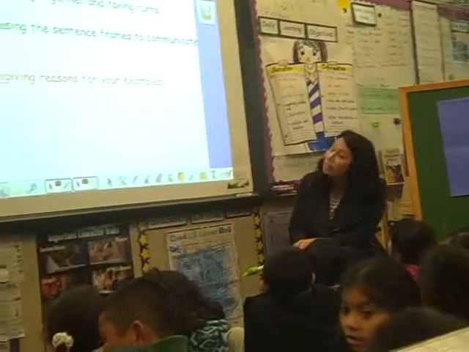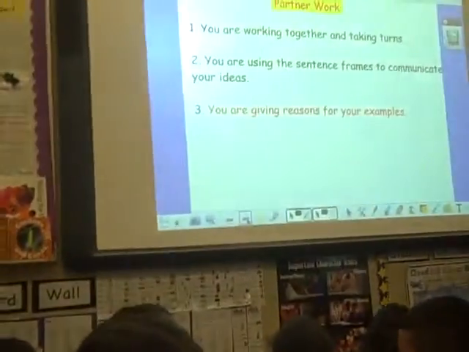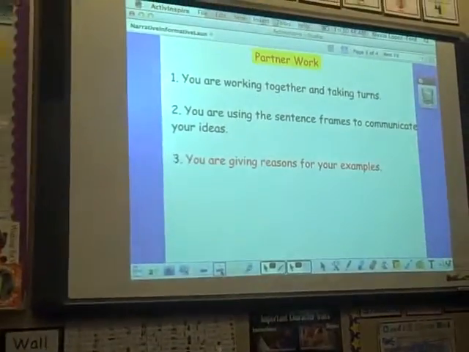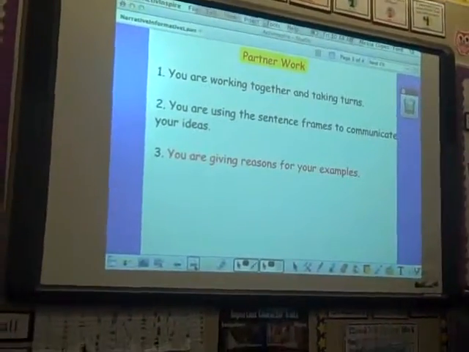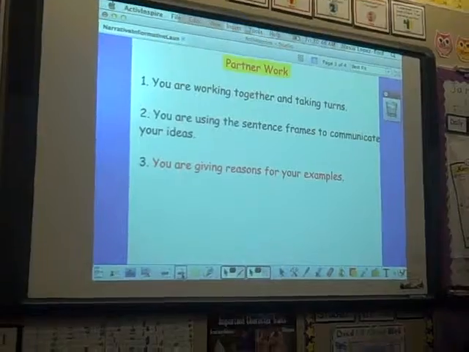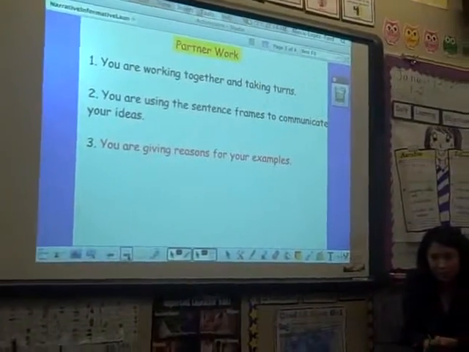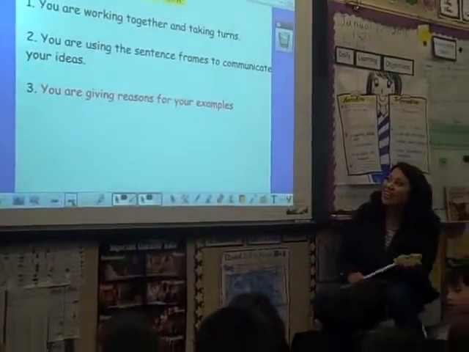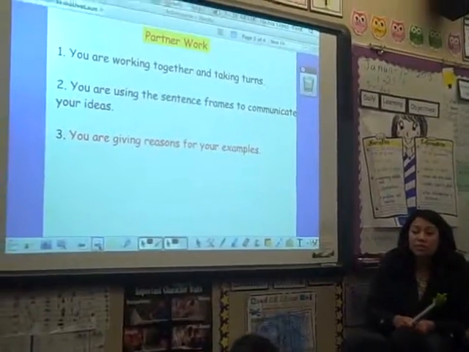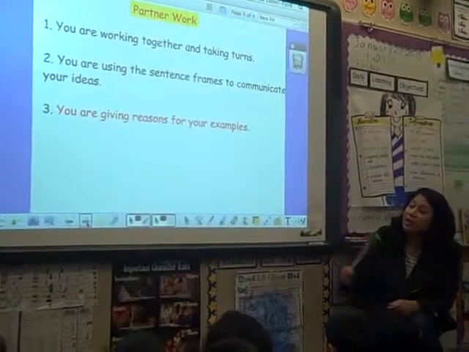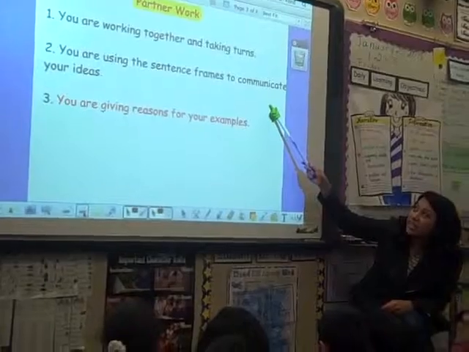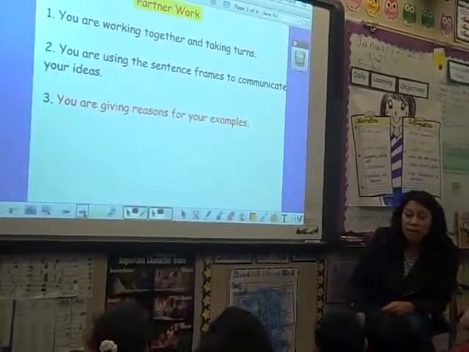I do have expectations. One, you are working together and taking turns. When you are sorting them, you're taking turns with your partner. And you are using the sentence frame to communicate your ideas.